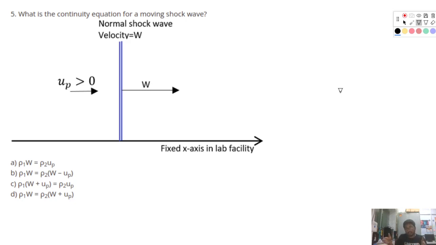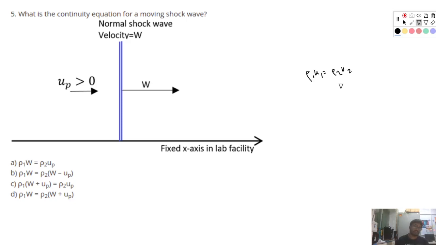When it is moving towards them, that is upstream, and when it is going away, that is downstream. So we get rho 1 u1 equals rho 2 u2. That is the case when your medium is stationary.